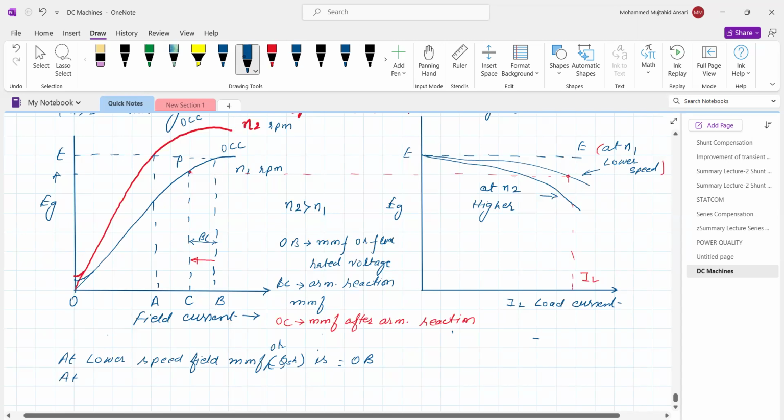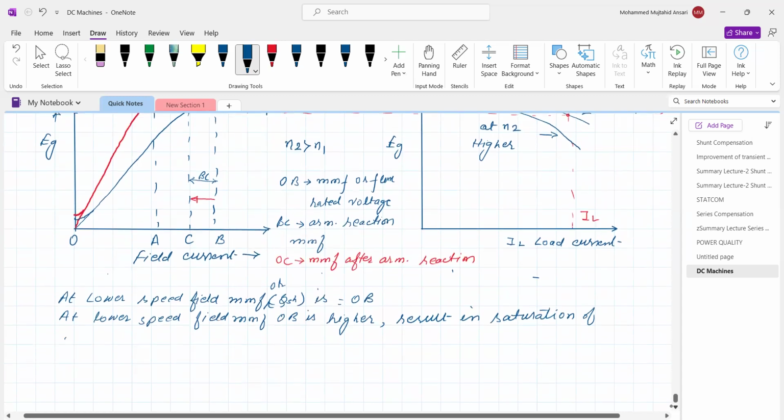At lower speed, field MMF OB is higher, which results in saturation of magnetic flux of the magnetic pole.